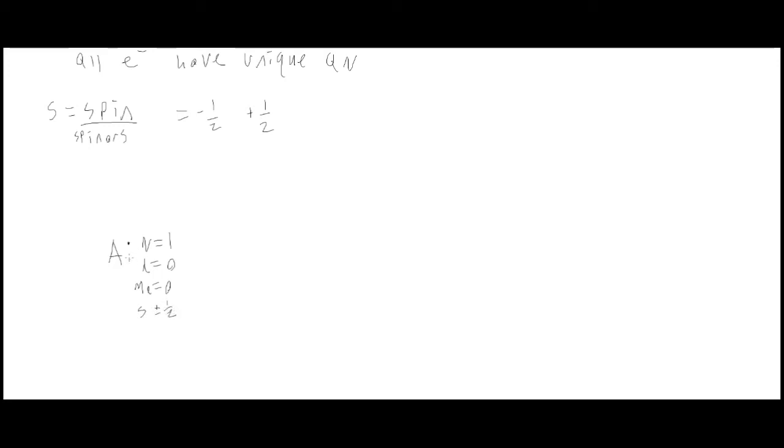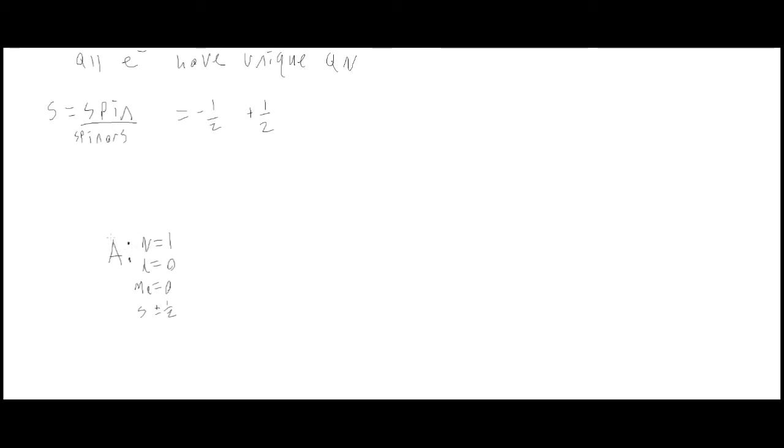So we can add another one where one electron is spin plus 1/2, the other is spin minus 1/2, and this is the only allowed number of electrons that we can have in this shell of the atom.